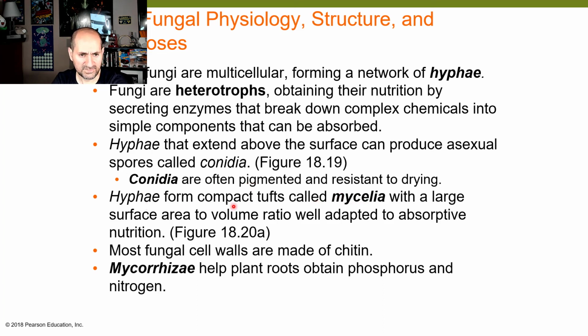Then the hyphae form mycelia. This is the fuzzy surface of the fungi. They can form mycorrhizae in conjunction with plant roots to help the plant root obtain certain nutrients like phosphorus and nitrogen.